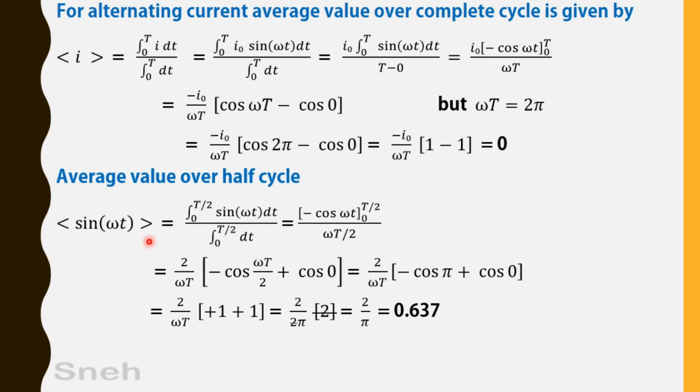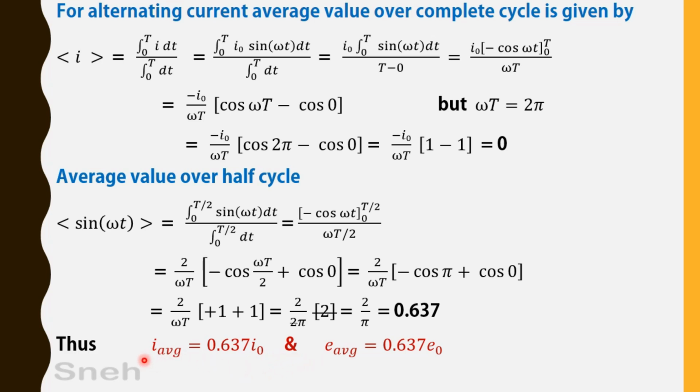What is the average of sin omega t over a complete cycle? I know it is 0. And now I am getting the average of sin omega t over half cycle. Once I get that, from this I can find the average of current over a half cycle, as well as the average of EMF over half cycle, just by multiplying their peak values with the term 0.637.